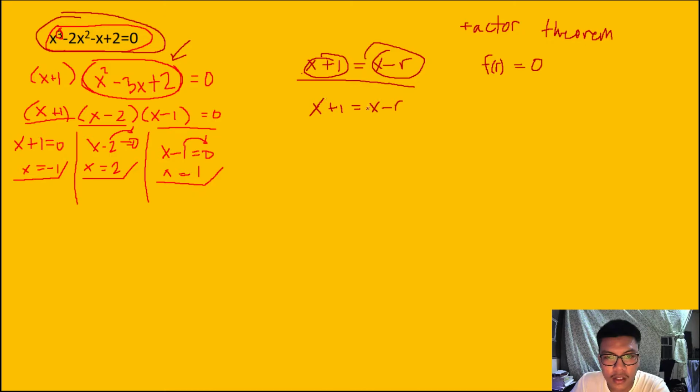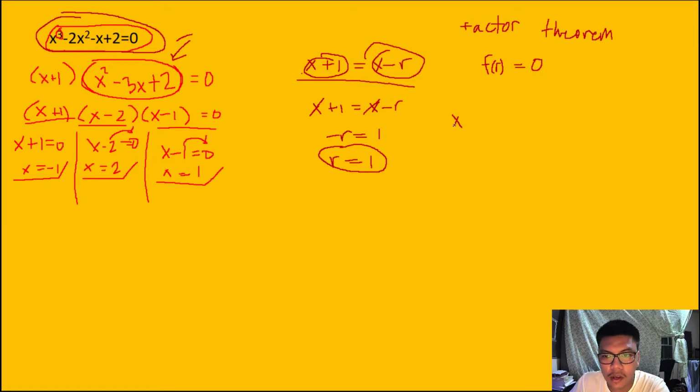So cancel x, same sila sa magkabila. Then we have negative r is equal to 1. Then you multiply both sides by negative 1. So you have r is equal to 1. Okay, so yung r na yan ngayon, pasok natin dito.